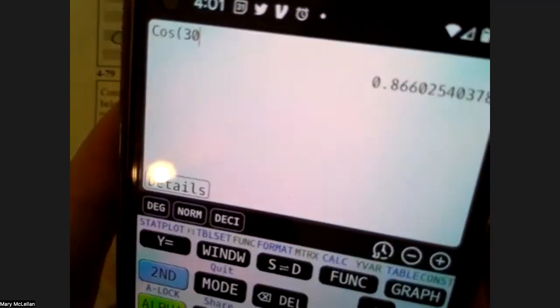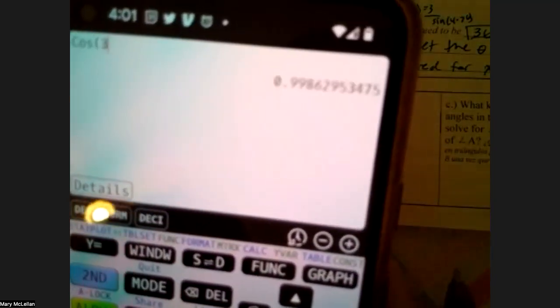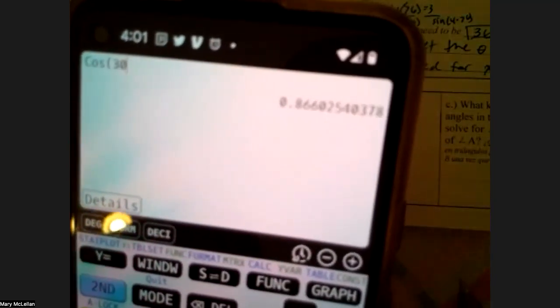Cosine of 30, 0.86. What are we trying to get to again? Was 14 divided by 15? 0.93 repeating. Okay. Cosine of 30, that was too small.